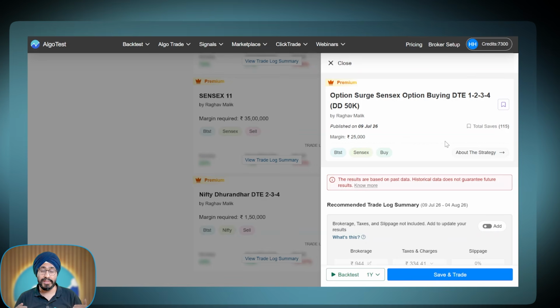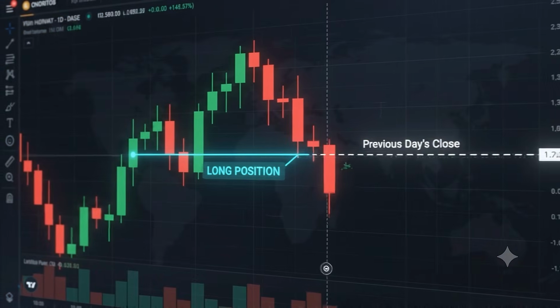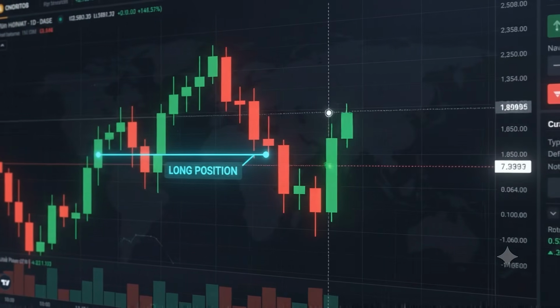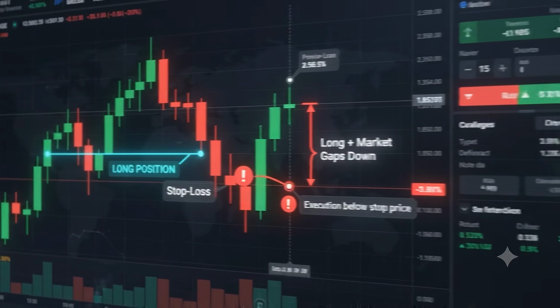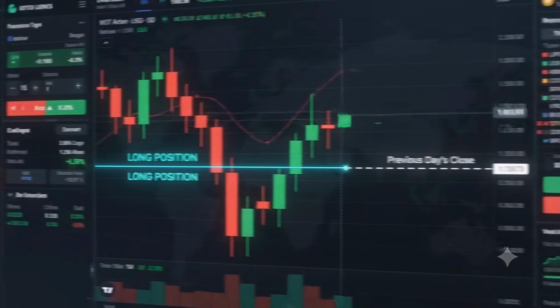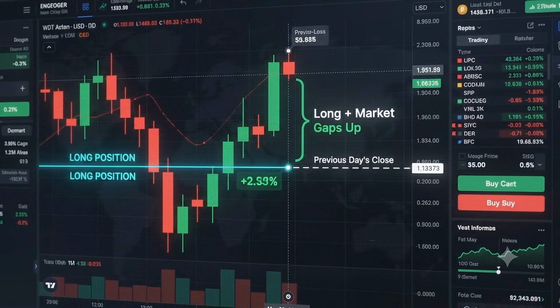Alright. So let's understand. This strategy is based on the understanding that in the market there are gap ups and gap downs and we want to take advantage of it. There will be chances where I am long but the market gaps down. The next day I will suffer a loss. But there is also that possibility where I am long and the market rises or gaps up.